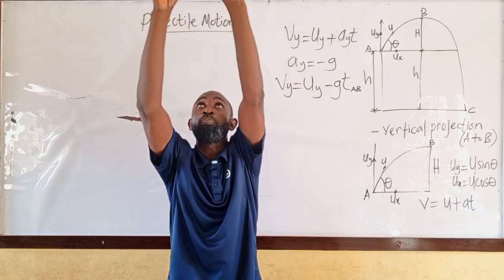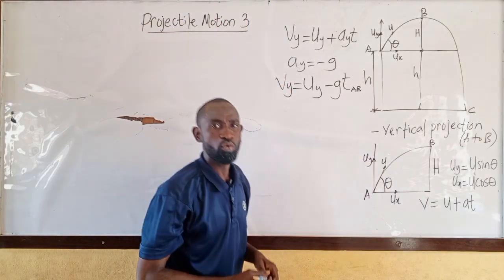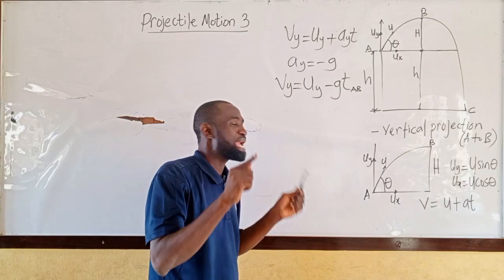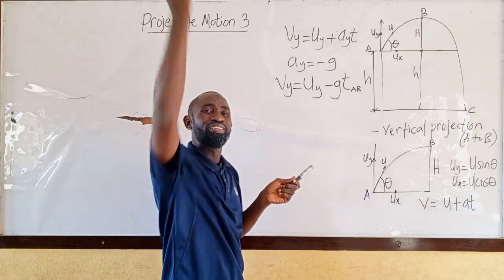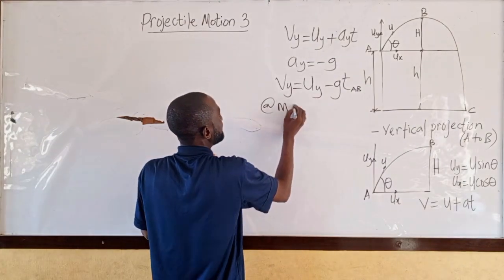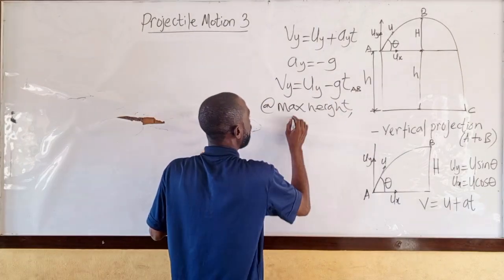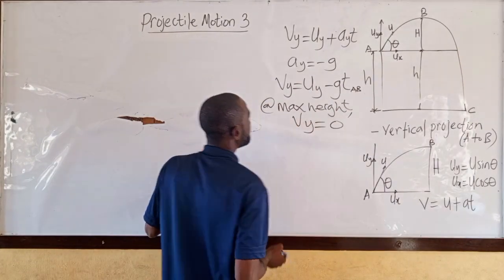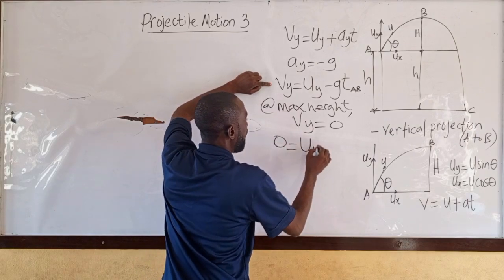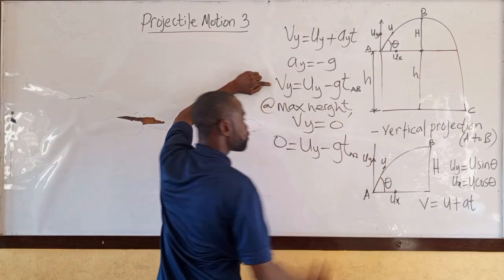So at maximum height, take note of this, it's very important, V of Y equals 0. So this becomes 0 equals U of Y minus G T AB, the time from A to B.